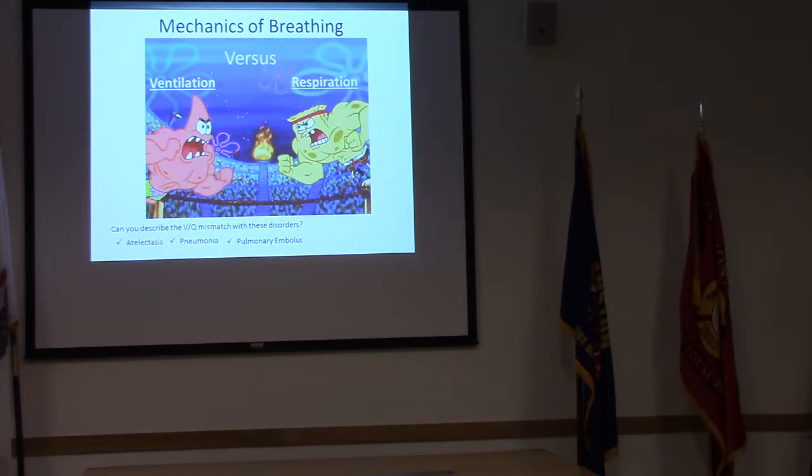But when we talk about VQ mismatch, you have to have the proper tidal volume and the proper ventilatory rate for a patient. Then you have to have the proper perfusion, blood circulating through those alveolar capillaries to offload CO2 and unload oxygen to take it to the rest of the tissue.